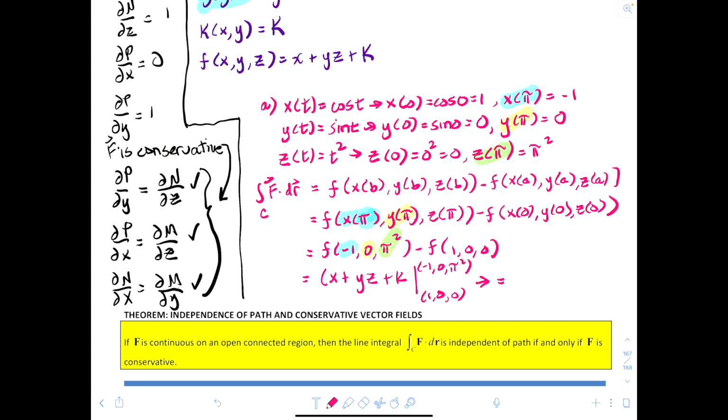So x is negative 1 plus 0 times pi squared plus k is going to give us negative 1 plus k. And then minus, 1, 0, 0 would end up being 1 plus k. So that gives us negative 2. Pretty cool, huh? All right. And you know what? My format's kind of crappy here. Let's do a little arrow. Equals negative 2. Good so far?